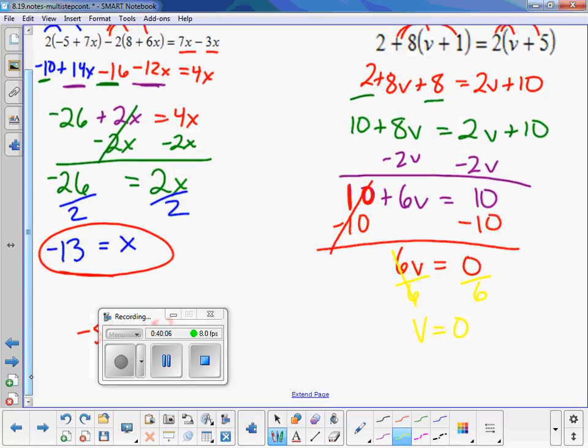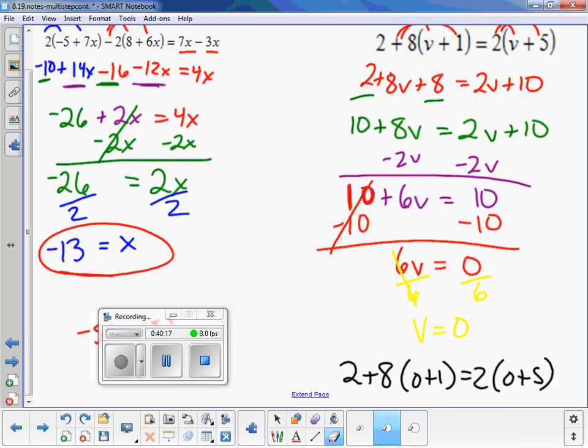And I can check it. So I say 2 plus 8 times (0 plus 1) equals 2 times (0 plus 5). Well, looking in here, in the first parenthesis, 0 plus 1, we know that's 0. Excuse me, no we don't. If you know that, something's wrong. 0 plus 1 is 1.